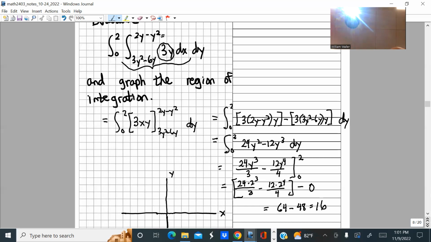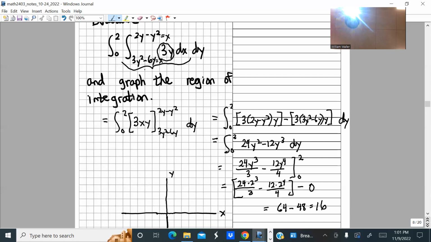Since you're integrating first with respect to x, this inner integral means we're going to let x range between 3y squared minus 6y and 2y minus y squared. So set those limits of integration for x, and then try to plot those two equations. If you think of those equations just right, you can plot them.